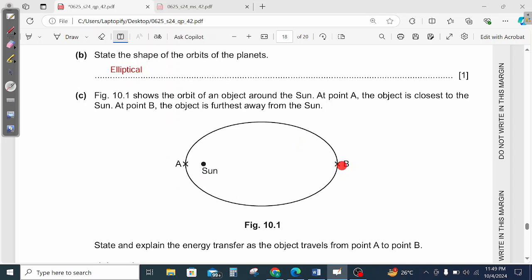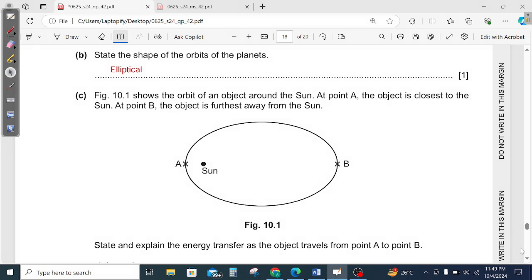You also know that the energy gained by a body due to its height is called potential energy. So in that case, it has gained a certain height and a certain distance from the Sun. At that position it has maximum potential energy and lowest kinetic energy, but the total sum of the energy remains constant, meaning the total energy remains conserved.